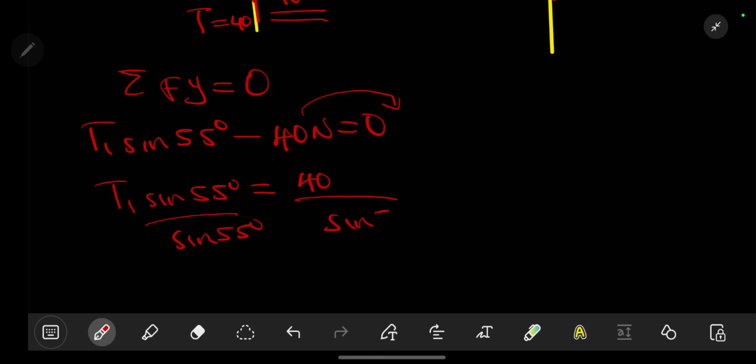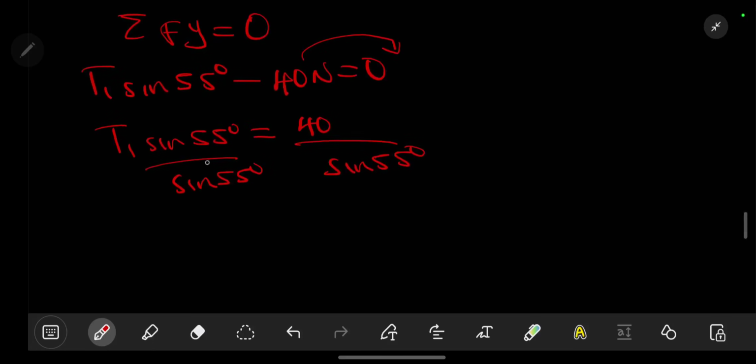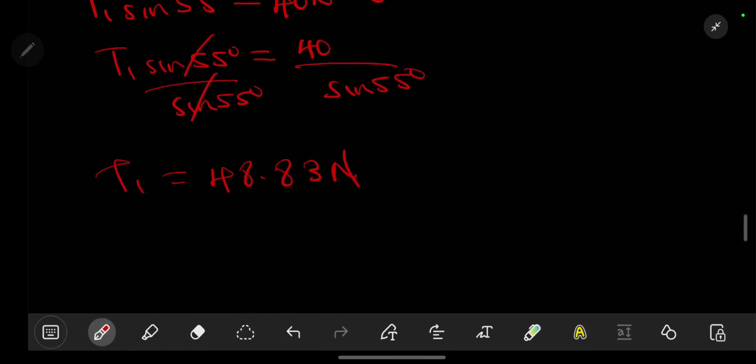Divide by sine of 55 degrees. So our t1 shall be equal to 48.83 newtons, like that. So we have gotten this one.